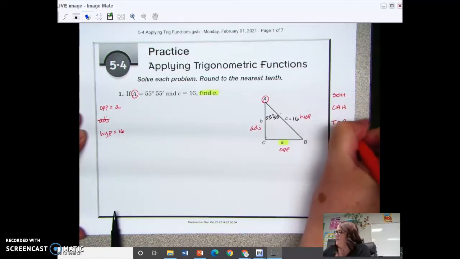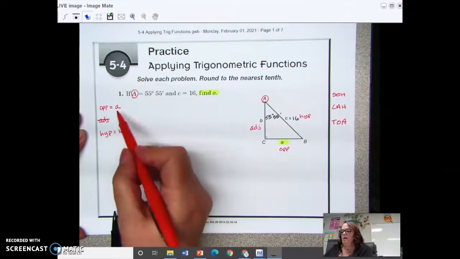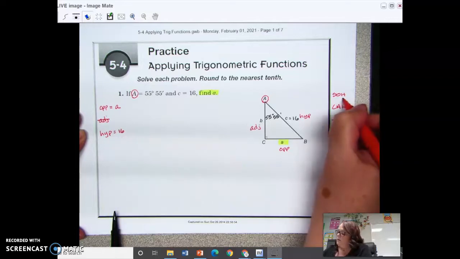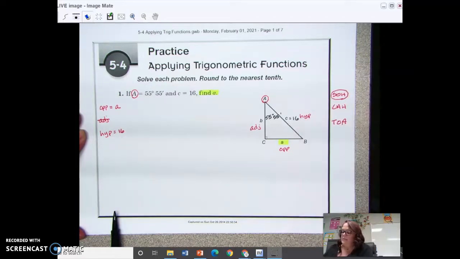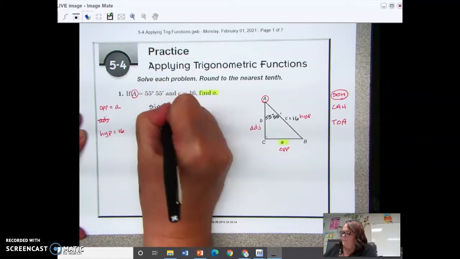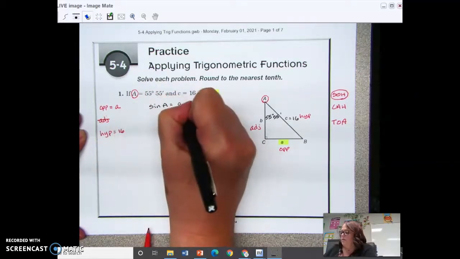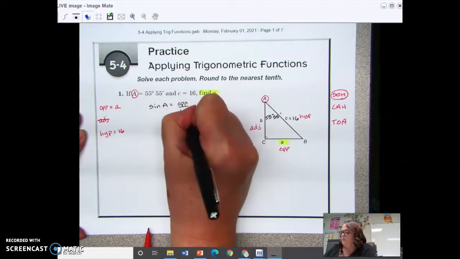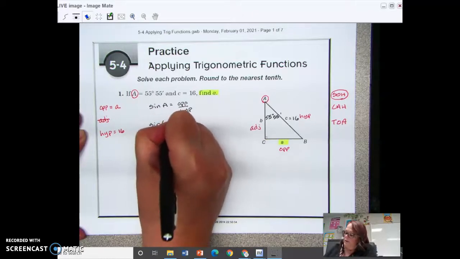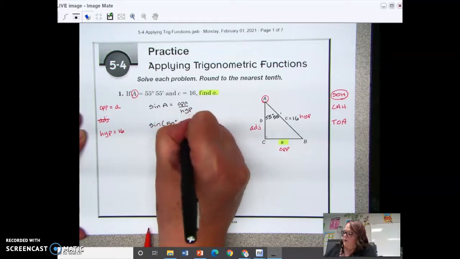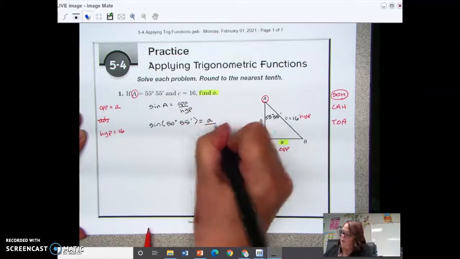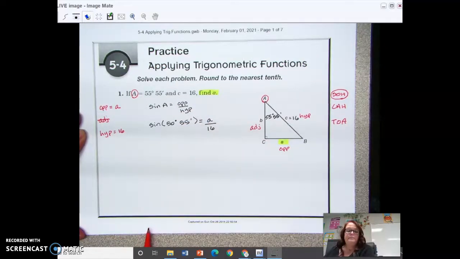And I want to ask myself, which one of these has opposite and hypotenuse in it? So hopefully you figured out that that was sine. So we're going to say that the sine of A is equal to the opposite over the hypotenuse, which means if I substitute, I have the sine of 55 degrees, 55 minutes, is equal to the opposite, which is a, over the hypotenuse, which is 16.